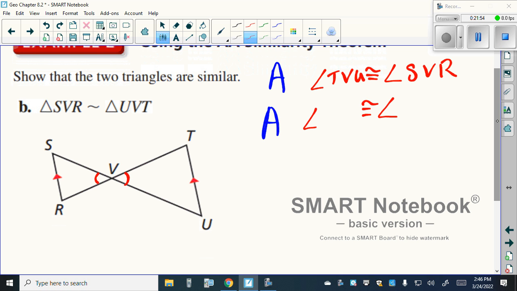Now, the second set of angles is going to be revolving around the fact that these 2 lines here are parallel.